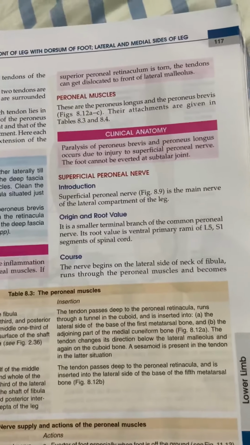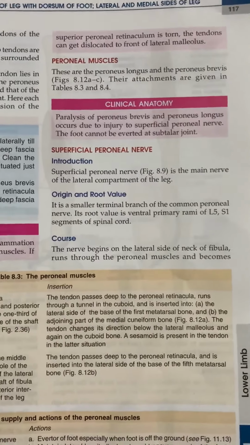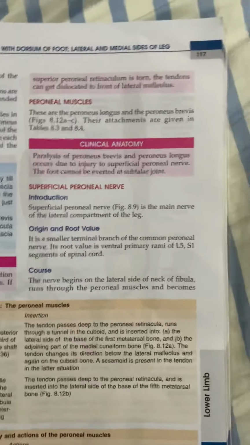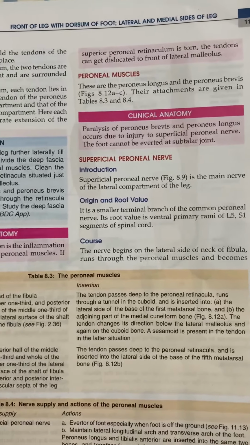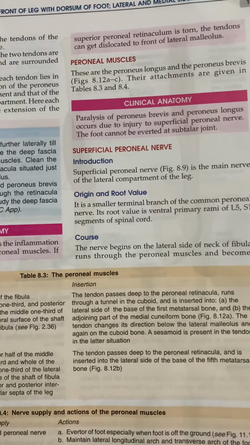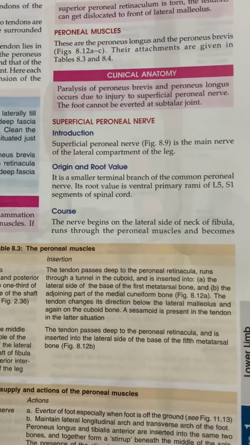So paralysis of the peroneus brevis and longus occurs due to injury to the nerve that supplies them, that is superficial peroneal nerve, and hence the foot cannot be everted at the subtalar joint. And when we talk about the superficial peroneal nerve, which is the nerve of this compartment, that is lateral compartment, the root value is L5 and S1.